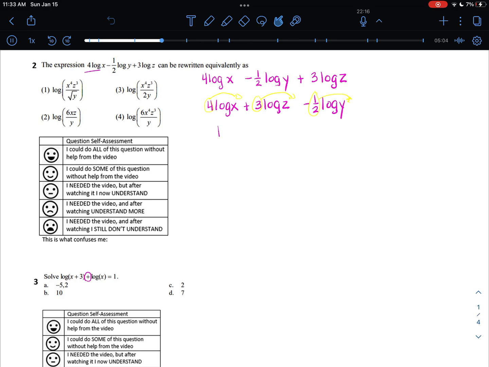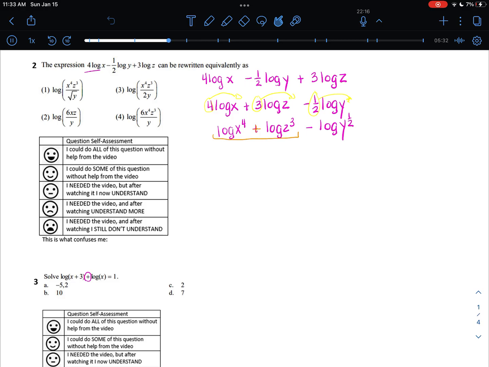Doing that, I'm going to have log of x to the fourth plus log of z to the third minus log of y to the 1/2. These ones right here, because I'm adding them, are going to be multiplied together.